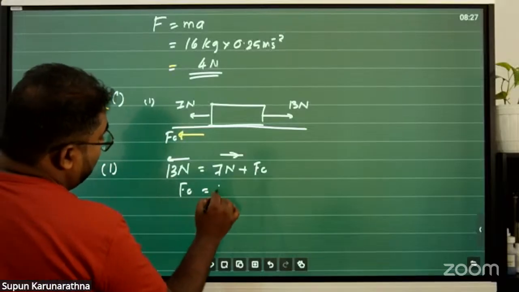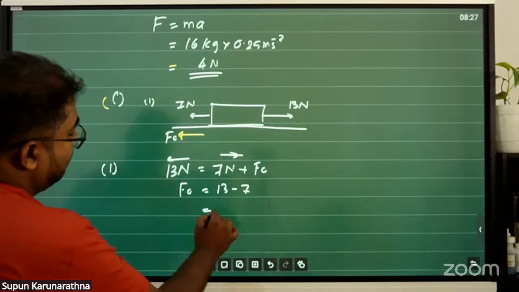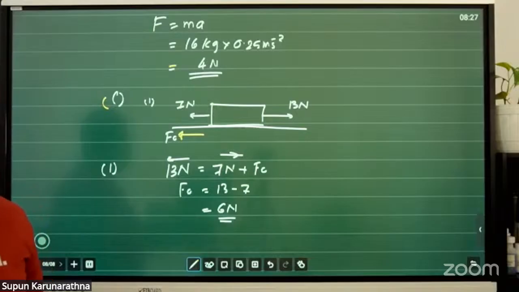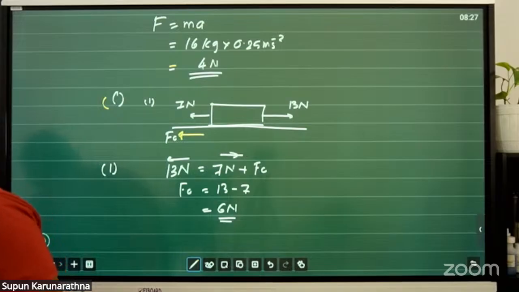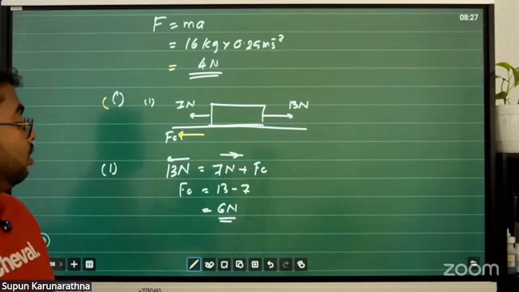F naught equals 13 minus 7. 13 minus 7 means 6 Newton. The final answer should be 6 Newton.